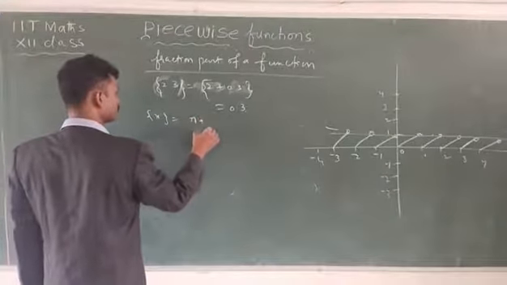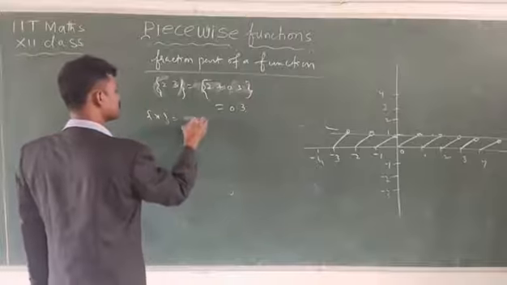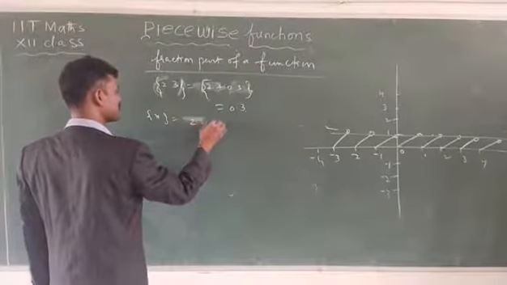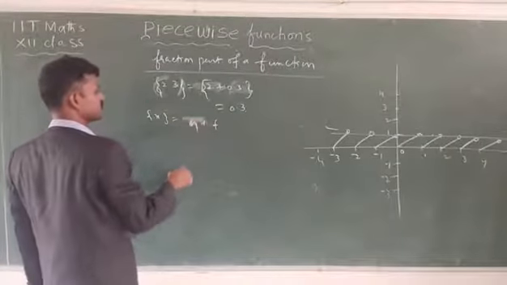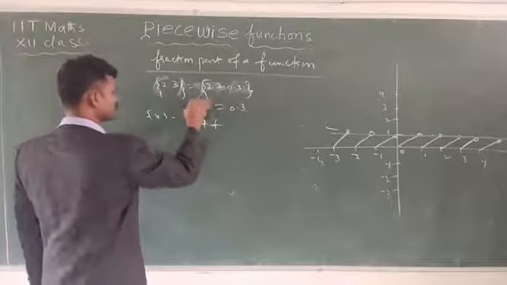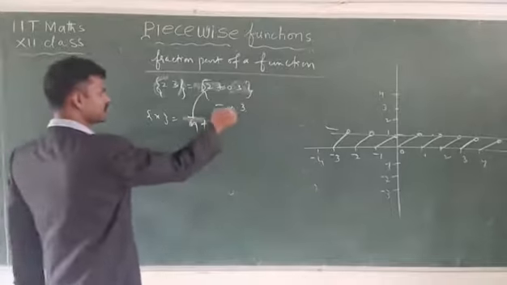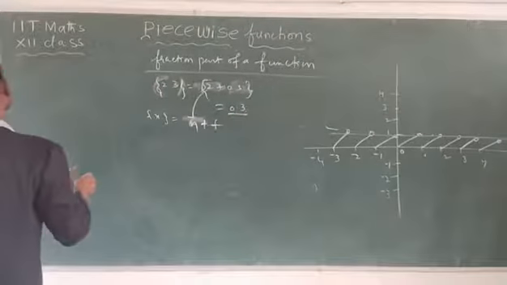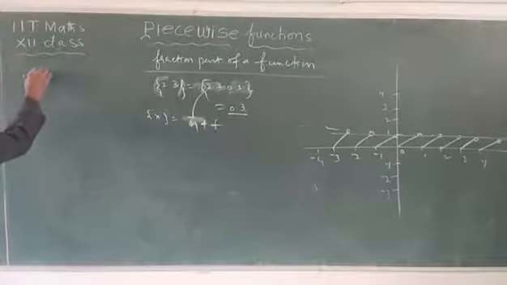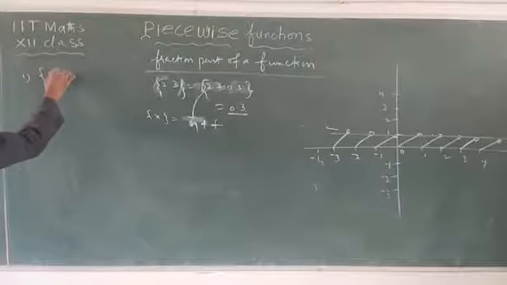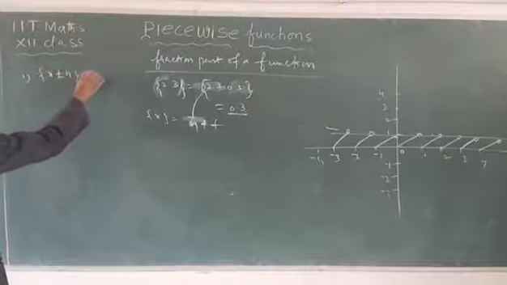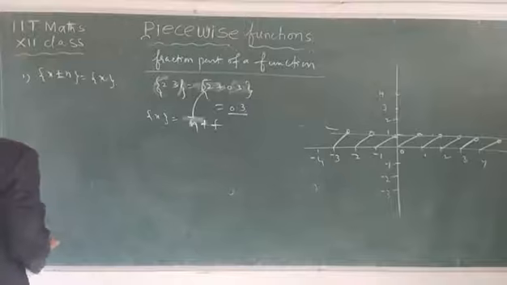That's why you can write n plus f, where n is an integer, Z, and f is the fraction. Now see, first property: the fractional part of x plus or minus n is equal to the fractional part of x.